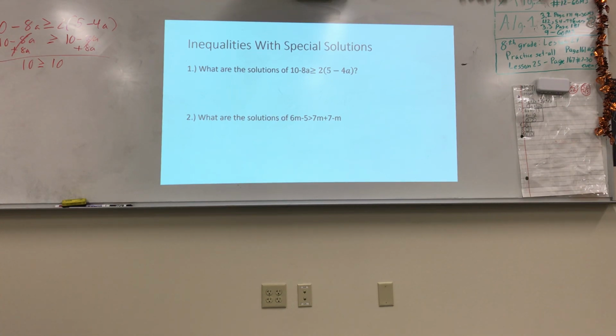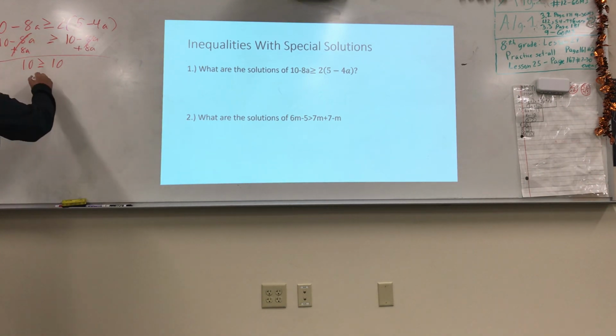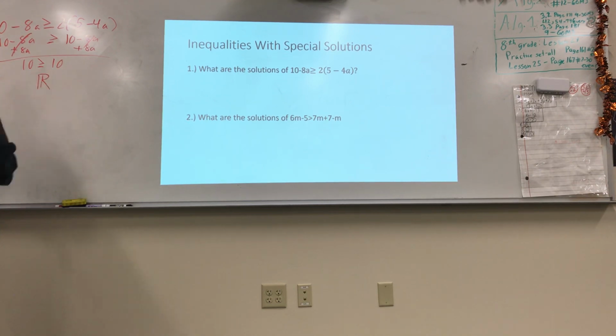And the reason for that is the two sides are exactly the same. Therefore, this answer would be all real numbers, which you could write out as all real numbers, otherwise there is a symbol for that, like that.